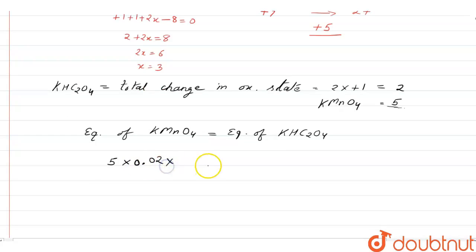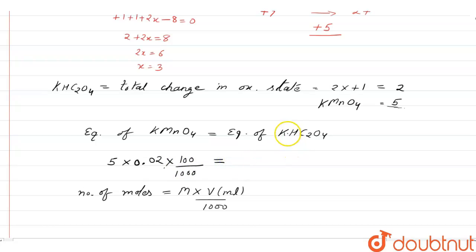As we have to put the number of moles of KMnO4 in the equivalence, we are keeping this molarity. How can we change it into the number of moles? Number of moles can be calculated from molarity like this: molarity multiplied by volume, and if the volume is in ml, we have to divide it by 1000. So this is the formula. We are given 100 ml of solution, and to convert it into liters, we are dividing it by 1000.